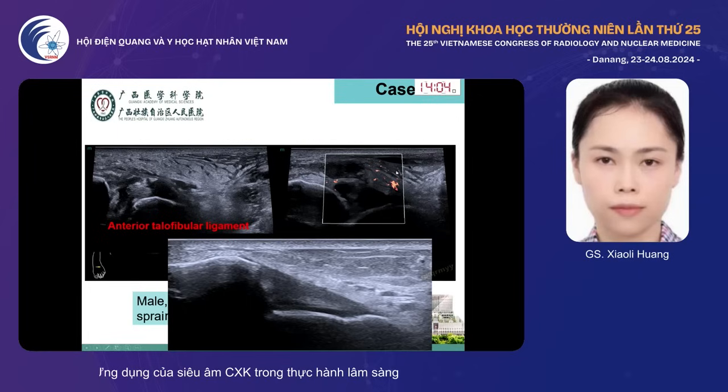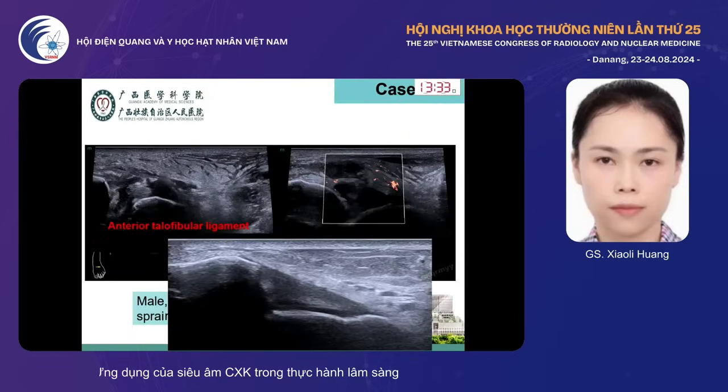There is a swelling of the surrounding soft tissue and increased blood flow signals can be observed. And this image shows the normal size anterior talofibular ligament. Through bilateral comparison, it's not difficult to identify the difference between the two.